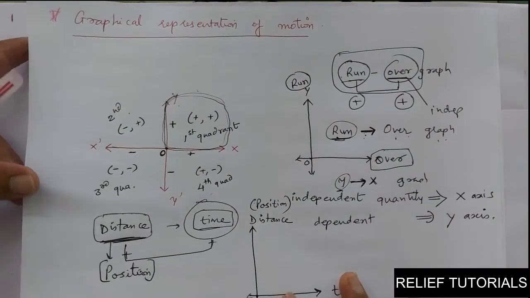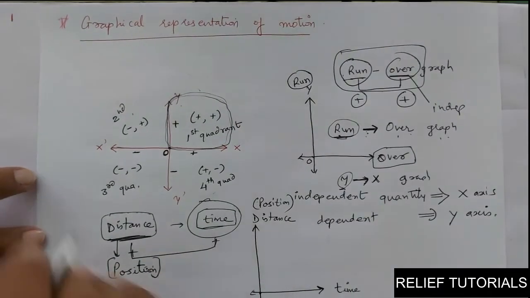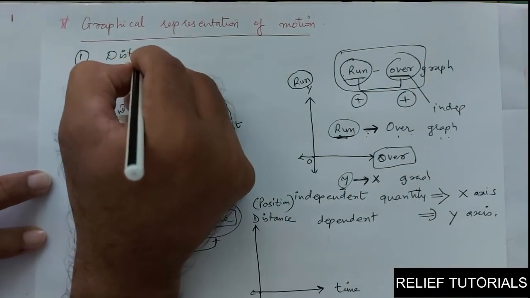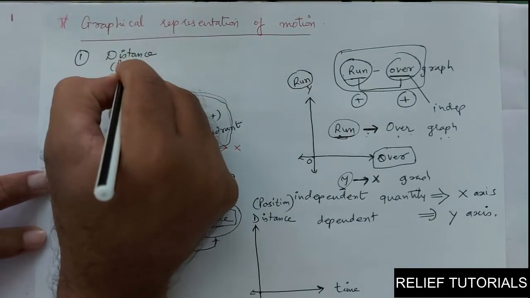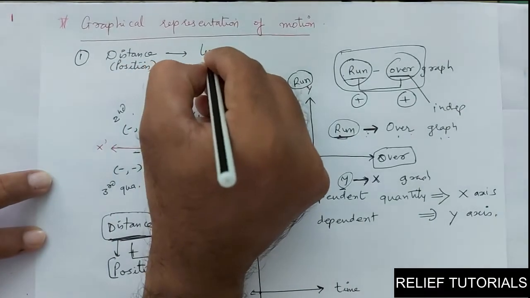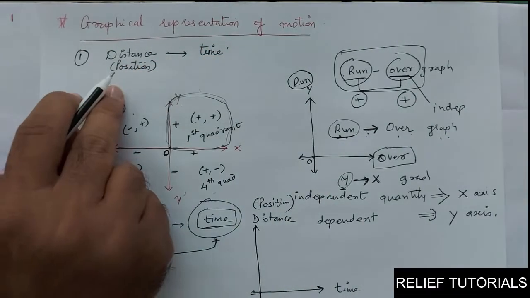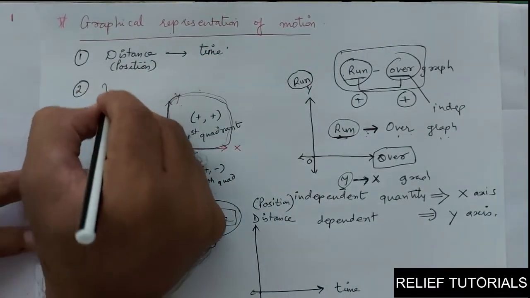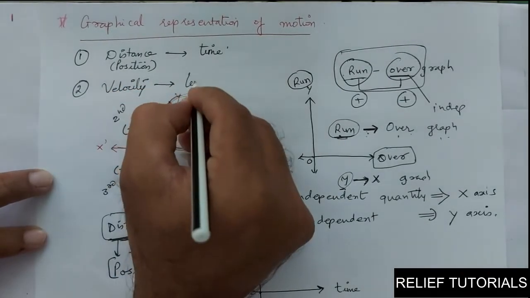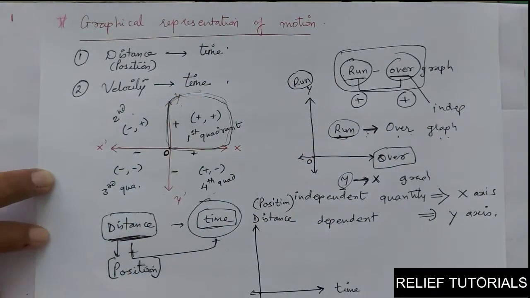See, we have discussed a number of things. In our chapter, in our syllabus, we have to discuss two types of graphs. First type of graph is the distance or position versus time graph. Second is the velocity versus time graph.